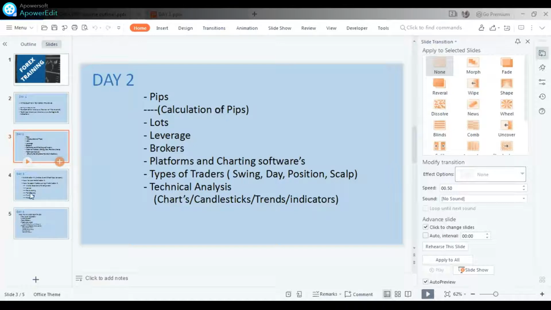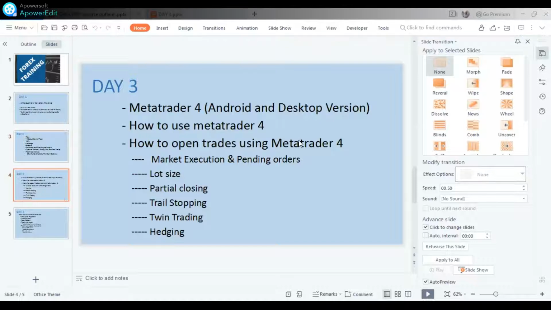Then day three of my class is always a practical class. Everybody is permitted to download MetaTrader 4, Android and desktop version. I will use that person's phone to teach for that day.